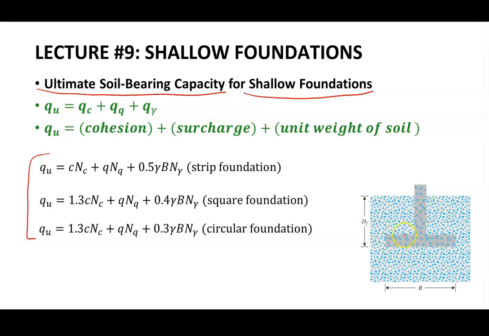There is no groundwater in the vicinity, so you can use the formula based on the shape of foundation, a strip, a square, or circular. This is width of foundation, and this is depth of foundation. And in this case, Q is moist unit weight of soil times depth of foundation.